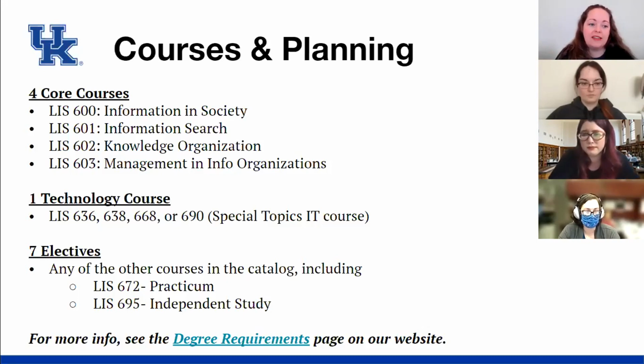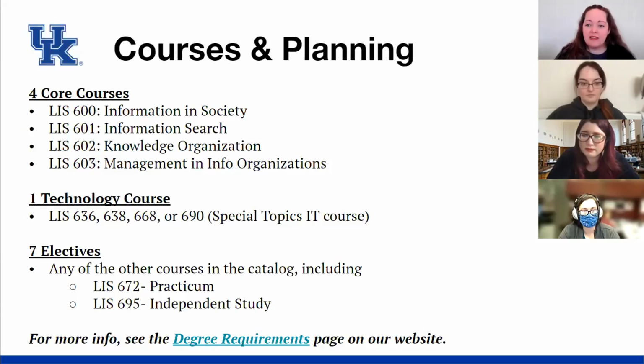Outside of the 4 core classes, you have to take at least 1 technology class. We always recommend taking as many as you're interested in, just because technology does have such a huge influence on this field. But we have 636, which is kind of a foundational technology class. If you don't feel like tech is your strong suit, that is typically a good place to start.